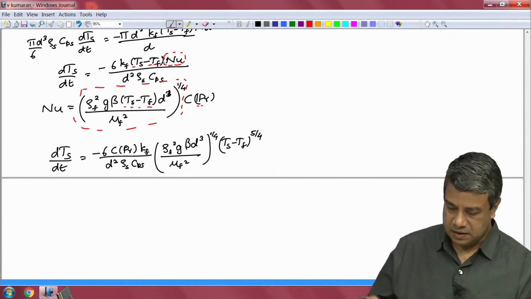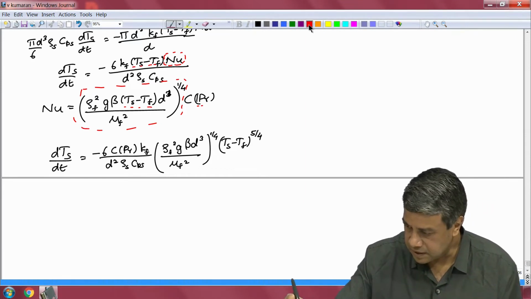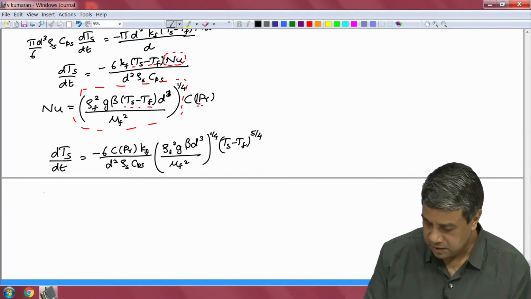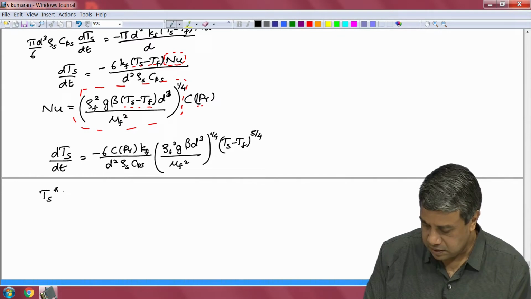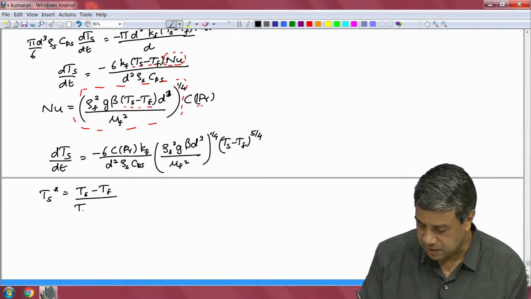I can scale, that is, define a scaled temperature Ts star equal to Ts minus Tf divided by the initial temperature minus Tf.